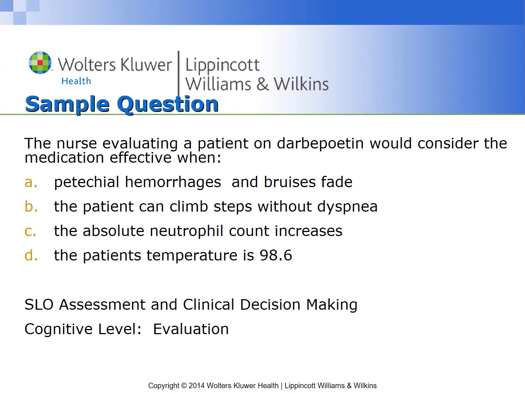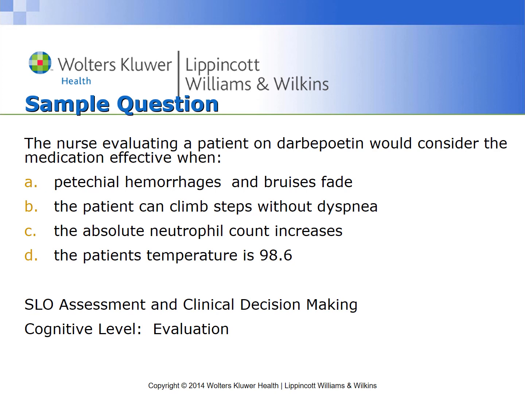So we've got to know about erythrocytes here, and we're evaluating to make sure the medication was effective. If someone has had a low red blood cell count, would we see petechiae, hemorrhages, and bruises fading? That's more going along with their platelets, right?